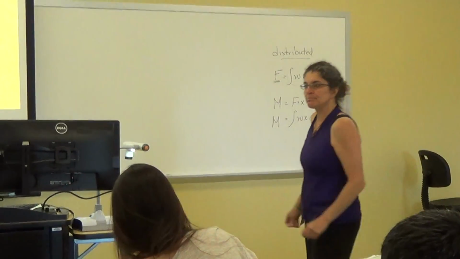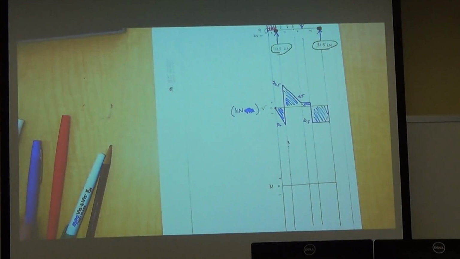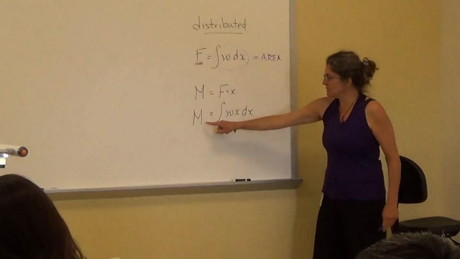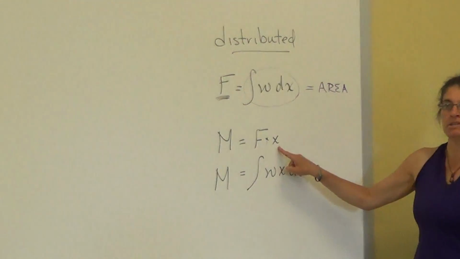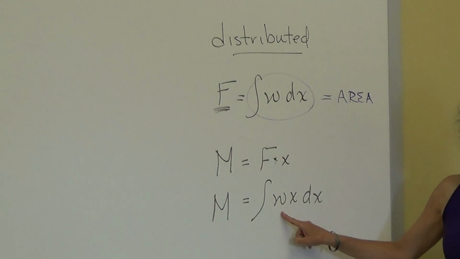Okay. So let's go back to here. How is the moment related to the force? The moment is the force times the distance, right? It's the integral of the force diagram.